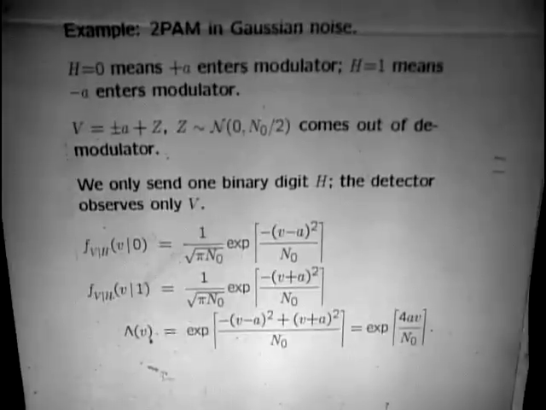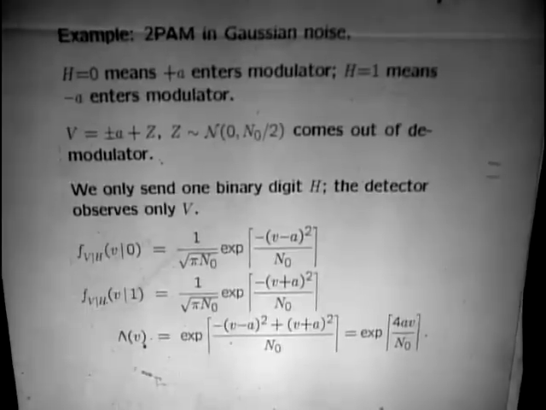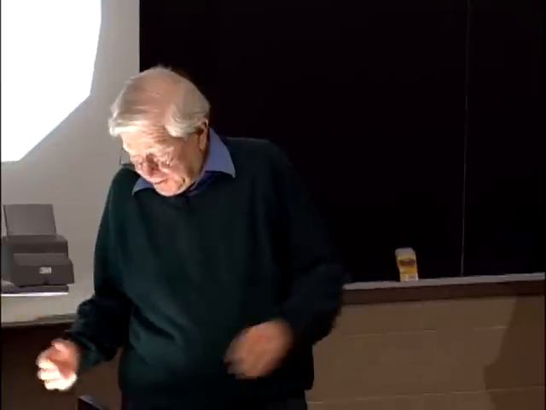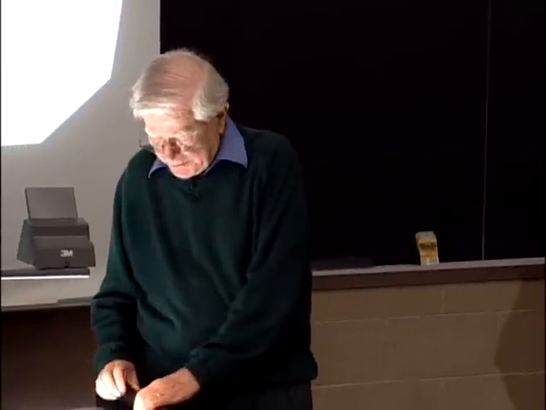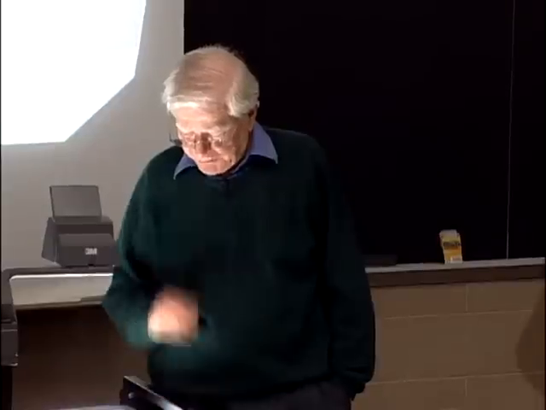I would prefer to call it sigma squared, but unfortunately, you can't fight City Hall on something like this. And everybody talks about n0 and n0 over 2, and you got to get used to it. So here's where we're starting to get used to it. So that's the variance of this noise random variable.